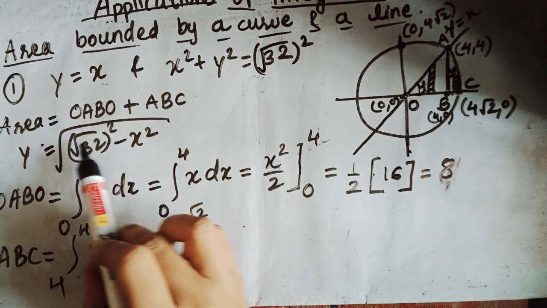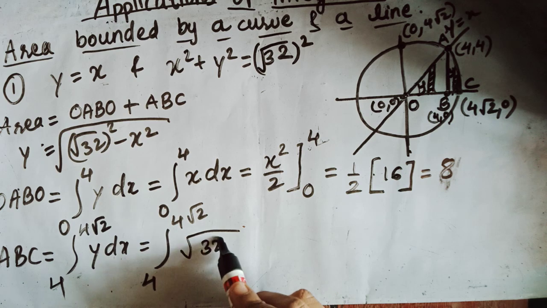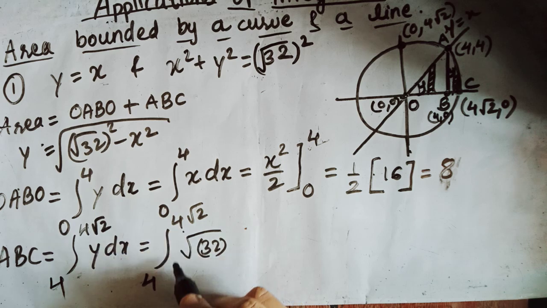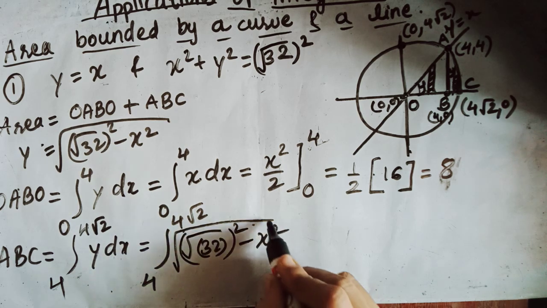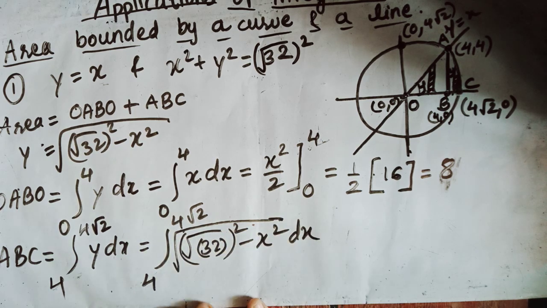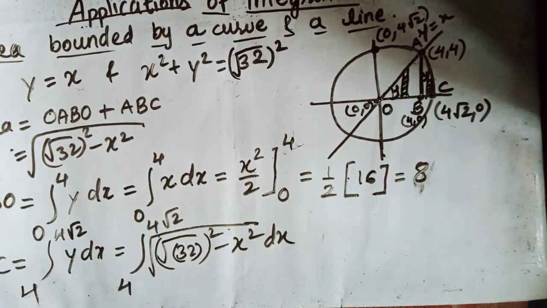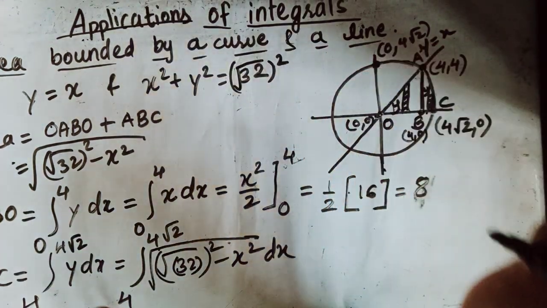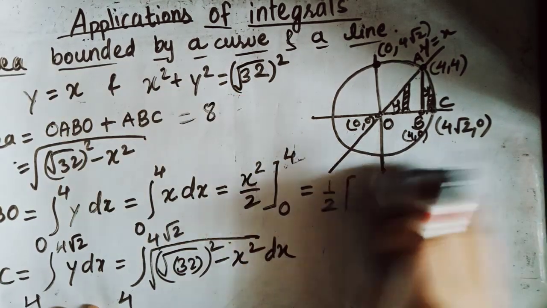So the circle part is root of 32 square minus x square dx. Now you have to use that standard formula. I'll write the region OABO somewhere here only, 8 I've got, right?